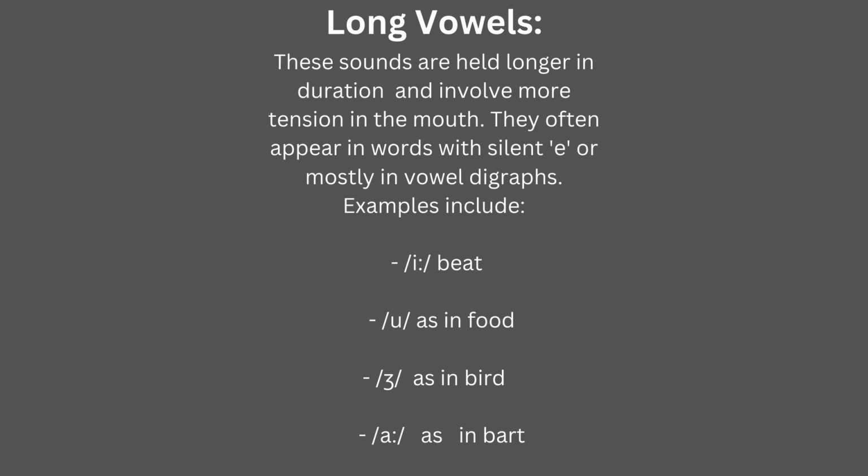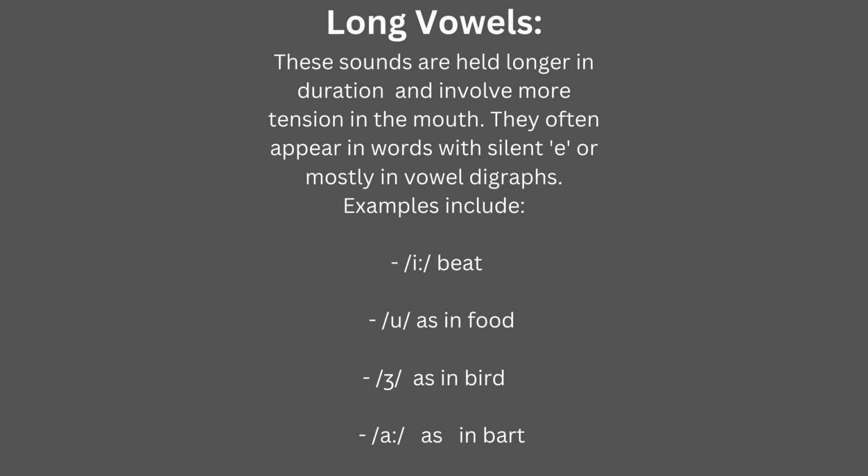They often appear in words with silent e or in vowel digraphs, and that is because they are long vowel sounds. When we pronounce them, there is usually a tension and a duration that is typically longer than that of the short vowel sounds. So when we pronounce long vowel sounds, we usually hold them longer.